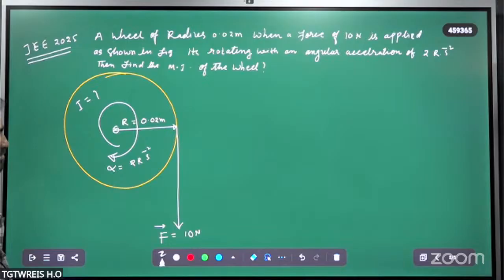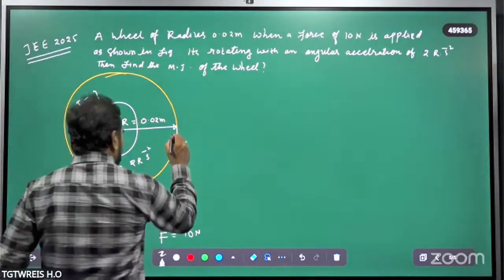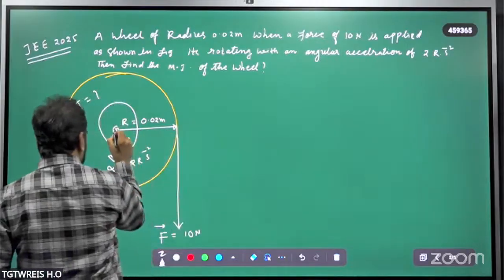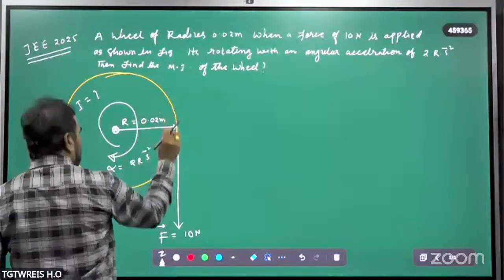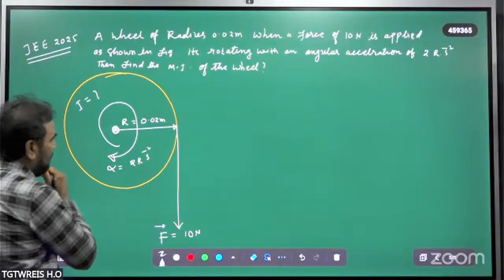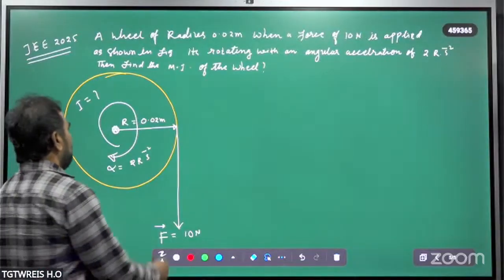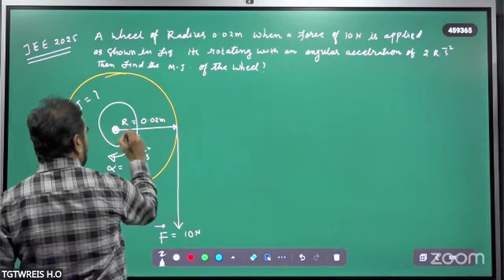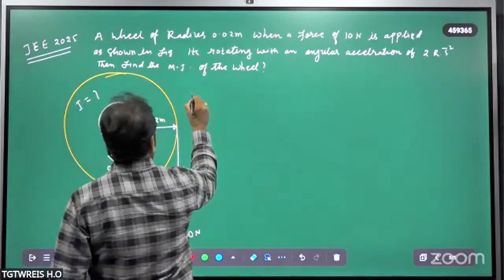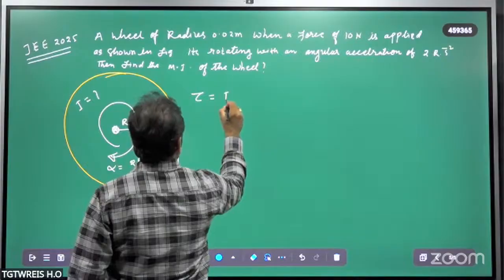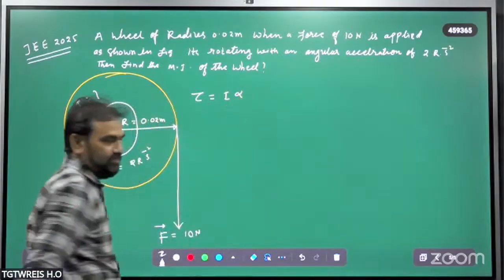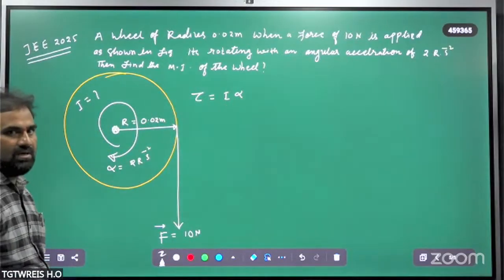About this point of contact, how much torque would be acting on the wheel? That is what we first have to calculate. The torque acting on the wheel about this point of contact is given by torque equal to I alpha. But what is the torque?